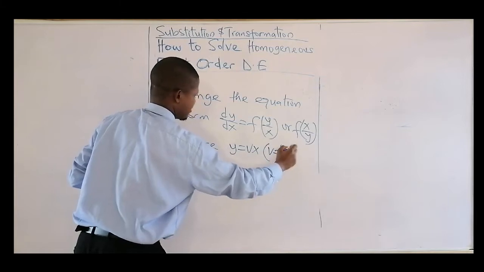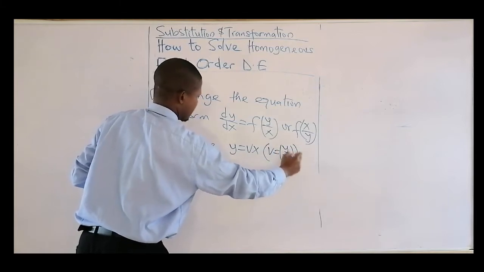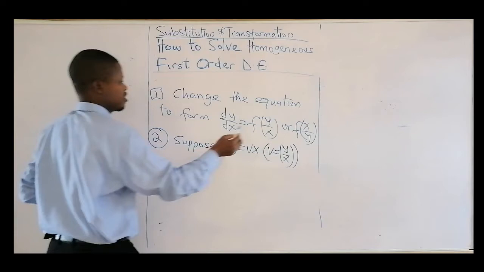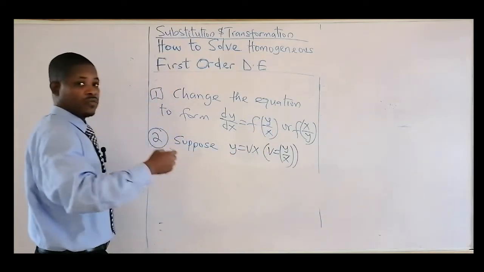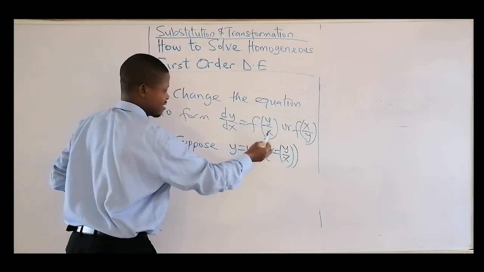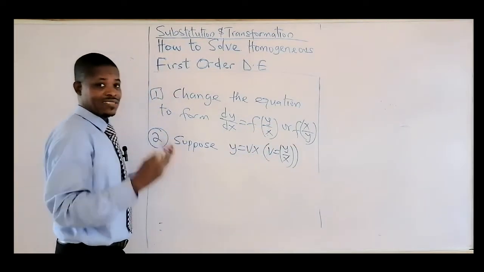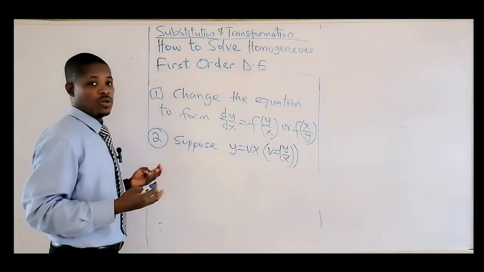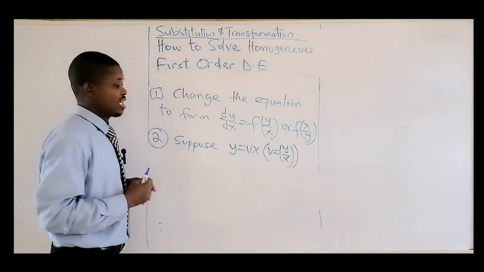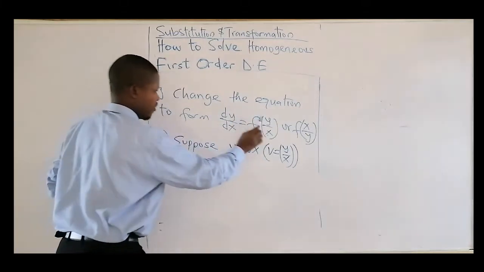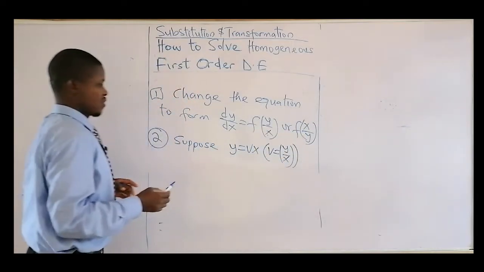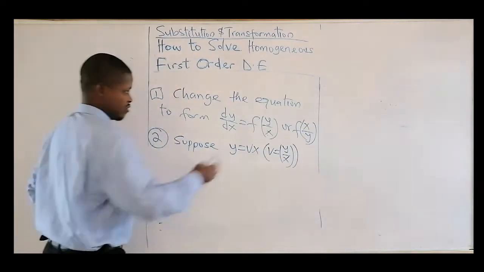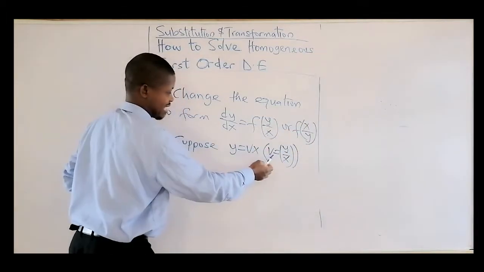What we mean by this is that you are substituting y over x with v. Anywhere you see y over x, that will be v. That calls for a change of variable of the given differential equation. You substitute for y over x, or this one, which will be the inverse of that.